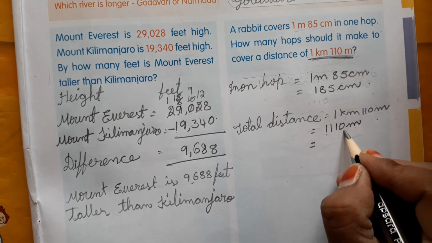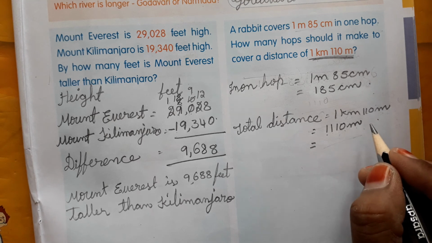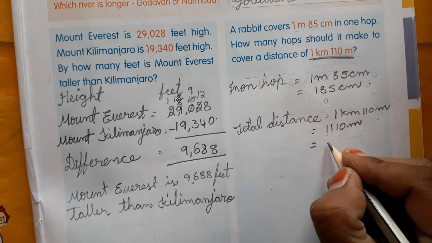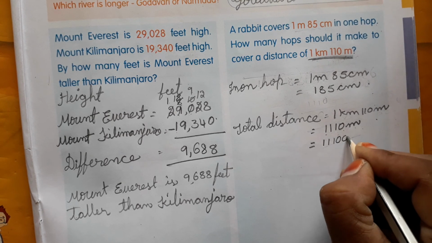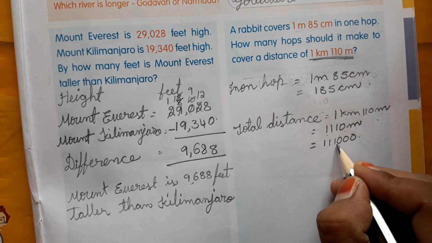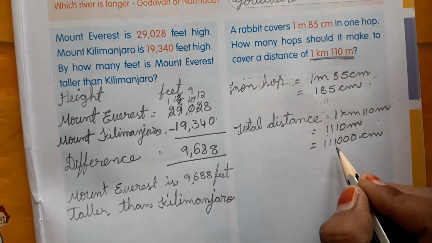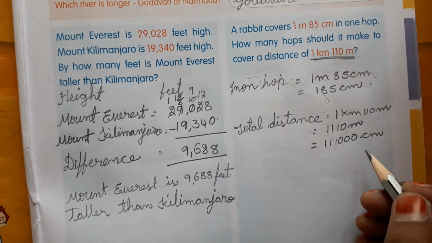So 1110 meters, convert into centimeters, means multiply with 100. So if you add 2 zeros here, then you will get centimeters. 1110 meters is converted like this, children. 1,11,000 centimeters. If you divide this number by this number, then you will get the answer.